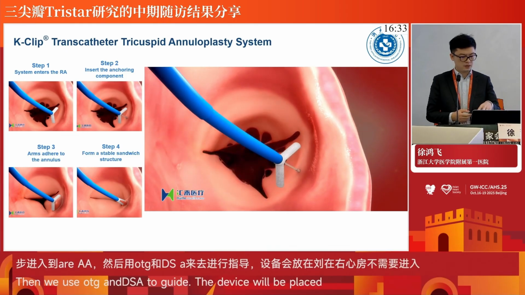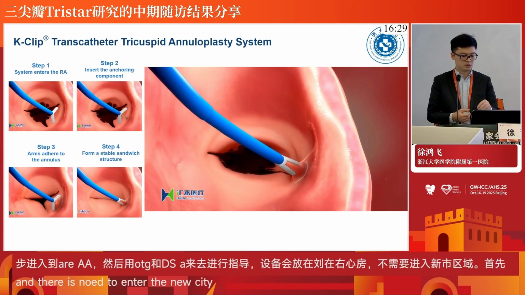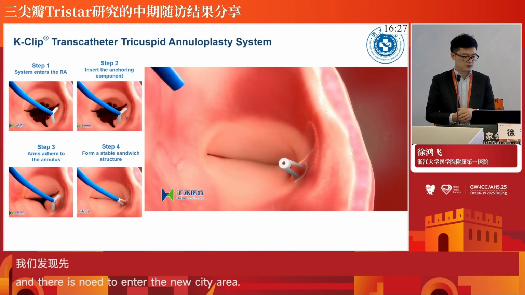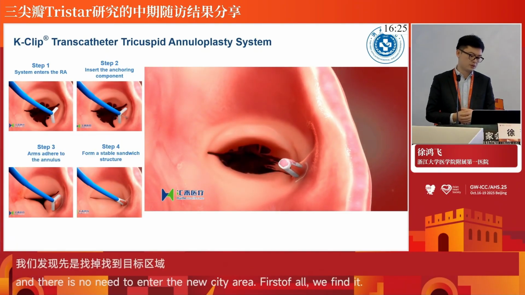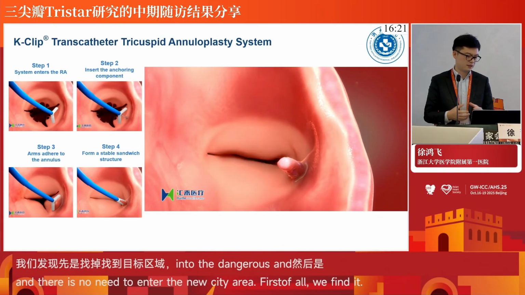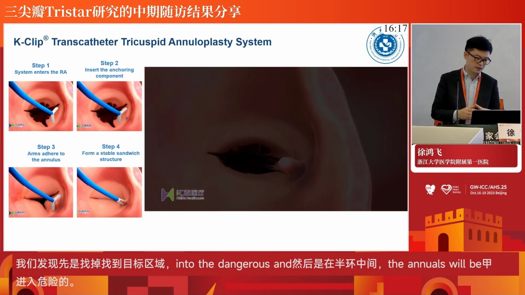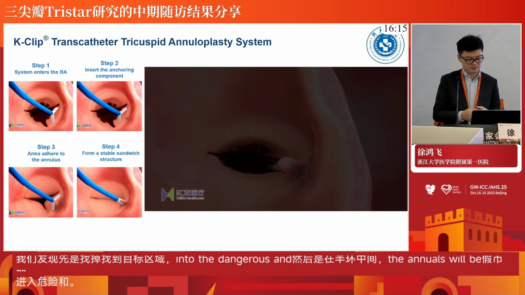First we find the landing zone, and the screw goes into the annulus, and the clip will close, and the annulus will be reduced, and also the TR.